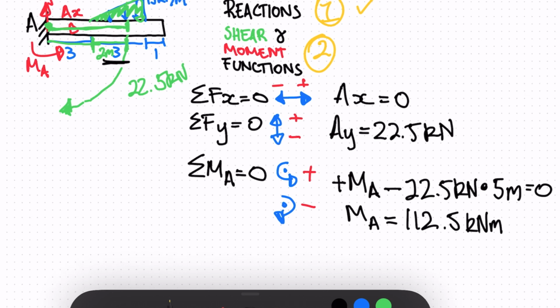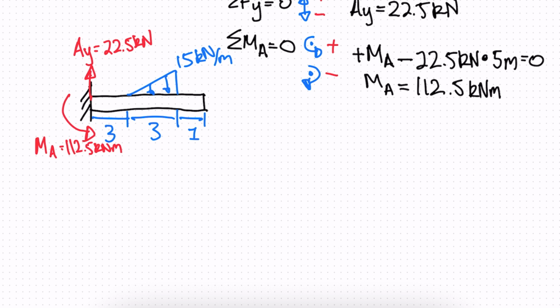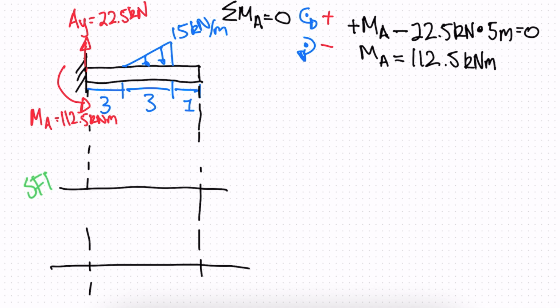All right, so now we've solved our reactions, and now we can go on to solving our shear and moment functions. Let's redraw our beam with our reactions. We've drawn our beam with our reactions, and we can draw our shear and bending moment diagrams. If we look at our beam, we know that we'll have a positive 22.5 kilonewtons here.